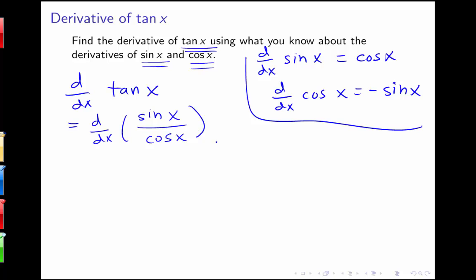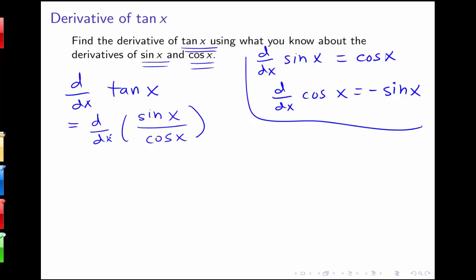So what we're going to see in this example is that all you really need to know are the derivatives of sine and cosine. That's really all you need to memorize. You can always figure out the derivatives of the other four functions because they're defined in terms of sine and cosine. It's certainly faster if you know all of your derivative rules, but we'll see that you can always figure out the derivative rules for the other four based on these two rules.